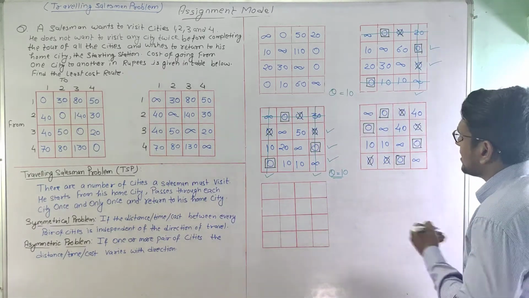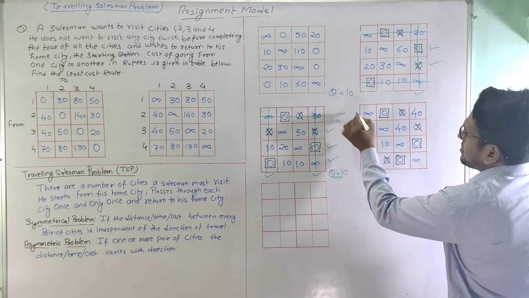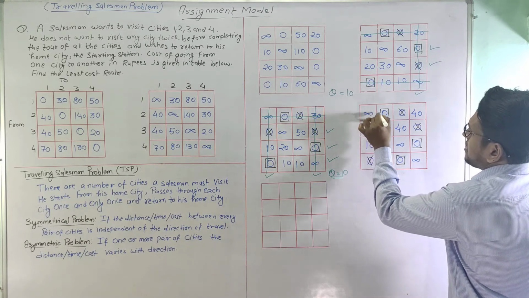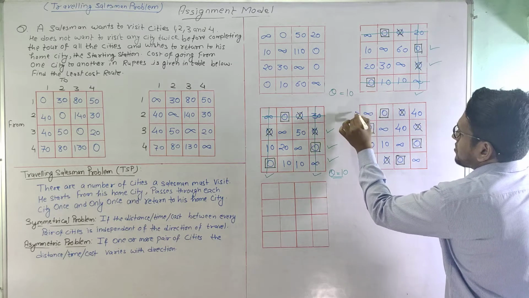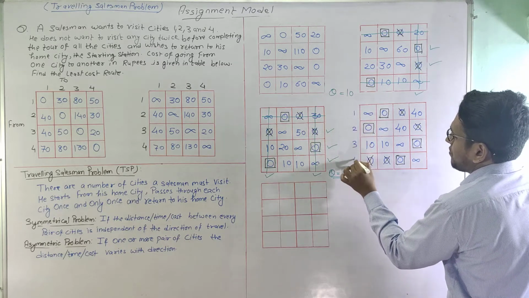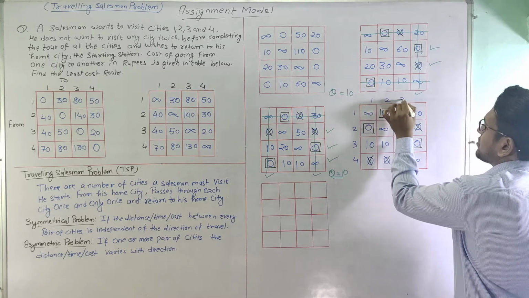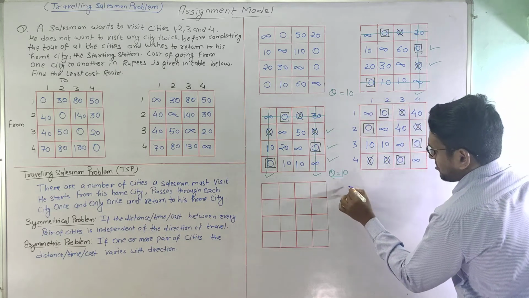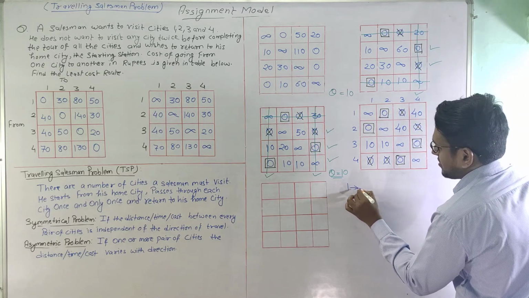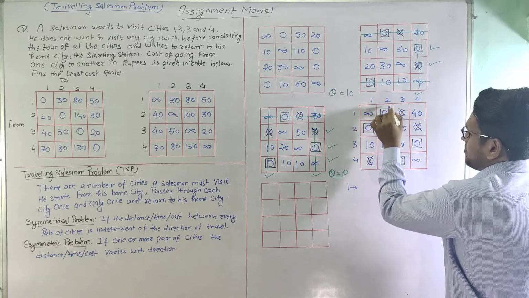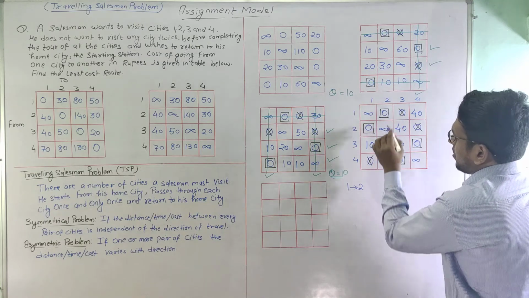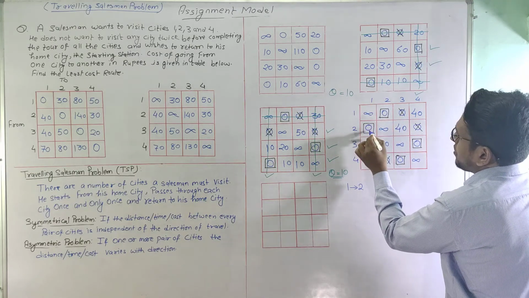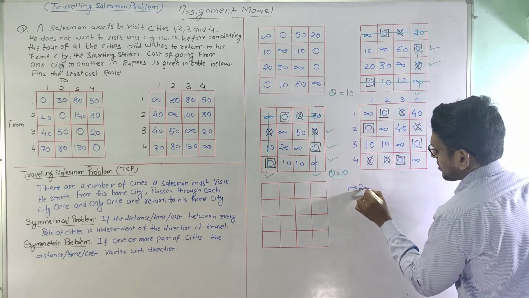We can see that starting from city 1, it moves to city 2. So this is 1, 2, 3 and 4. The salesman starts from city 1 and goes to city 2. Now it starts from city 2 and goes to city 1.